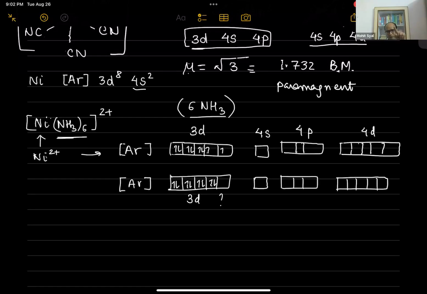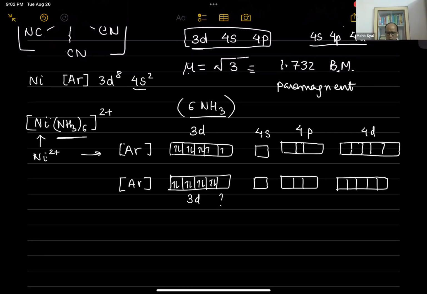But as I told you, there are two d orbitals, either d2sp3, either both should belong to 3d or both should belong to 4d. Then only the bonding will happen.